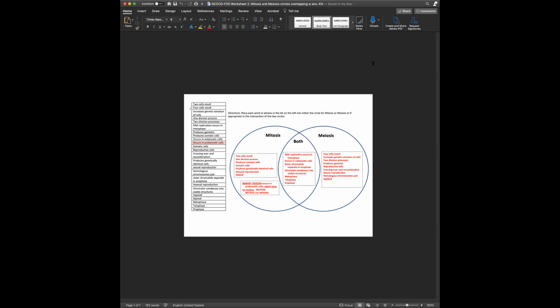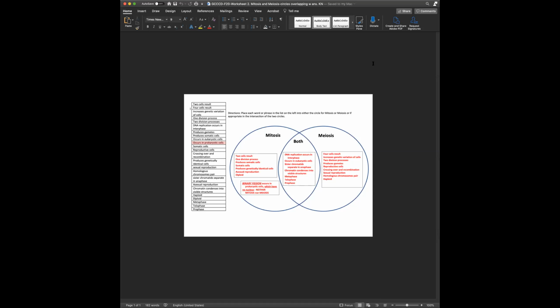Produces gametes. That's easy. Only meiosis produces gametes. Produces somatic cells. Only mitosis produces. Somatic means body cells. Gametes means sex cells.